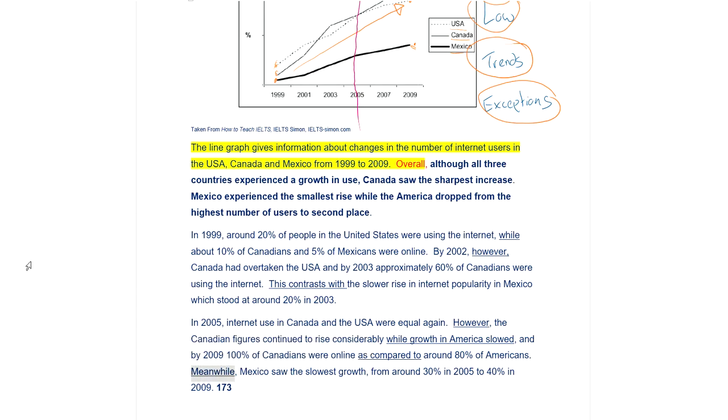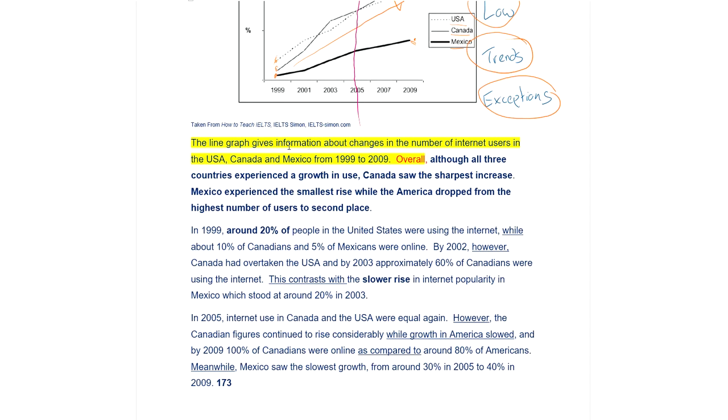And of course, there's all the IELTS vocabulary that you need for this when you're talking about percentages, or you're talking about rising and falling, all that kind of stuff you really need to master to do well on this task. So I hope that helps. 3 sentences, 3 sentences, 3 sentences: paraphrase, overview, and then just describe the information and compare the data.